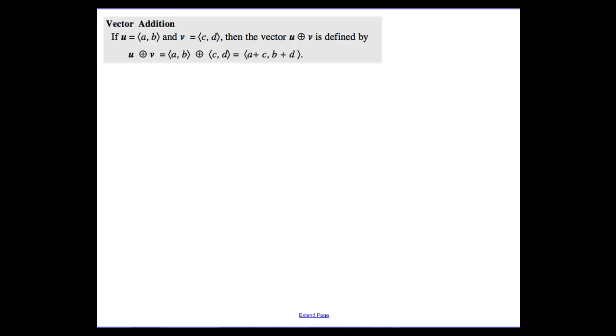Okay, what can we do with vectors? Well, the first thing that we're going to talk about is that we can add them. So we're talking about vector addition. And the symbol is kind of strange. We've got two vectors, u and v, and we want to add those vectors. So it sort of looks like a bullseye. But the main idea is that when you add vectors, you just add the x coordinates and the y coordinates.